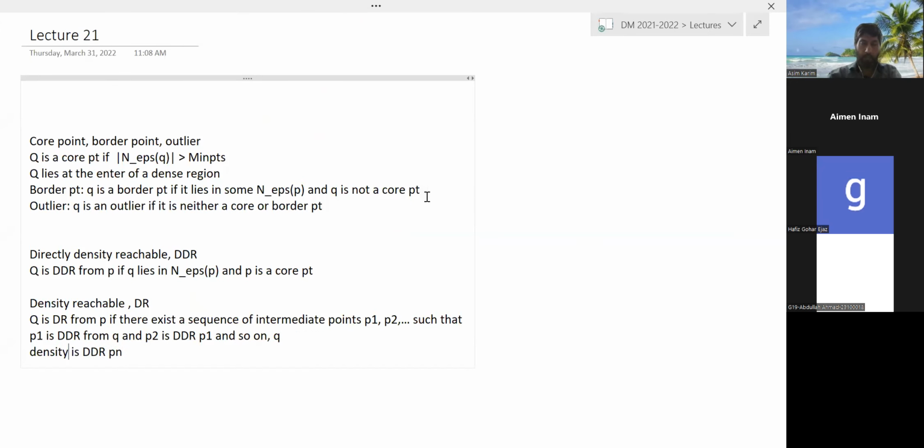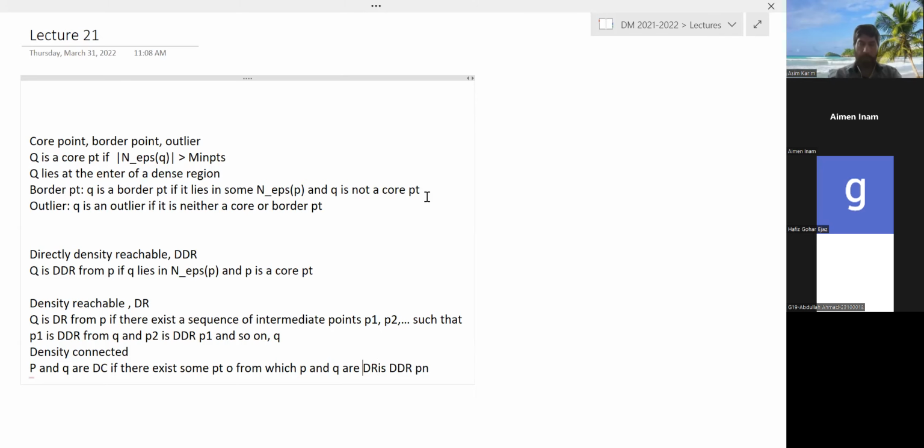So basically, P and Q are density connected if there exists some point O from which P and Q are density reachable, meaning that P and Q are in the same dense region that contains O, and O of course would be a core point because it's a point from which they are density reachable.